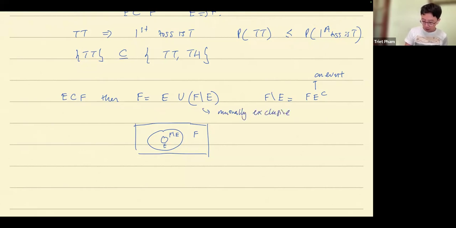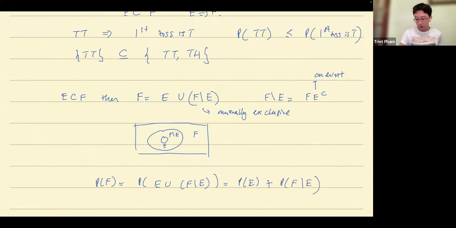Okay, and that's why I can apply the rules to it. So it's legal for me to write this down because F but not E is an event. Now we will use axiom number 1 to say that this is non-negative. And that's it. This will show us that P(E) is less than or equal to P(F). Okay.